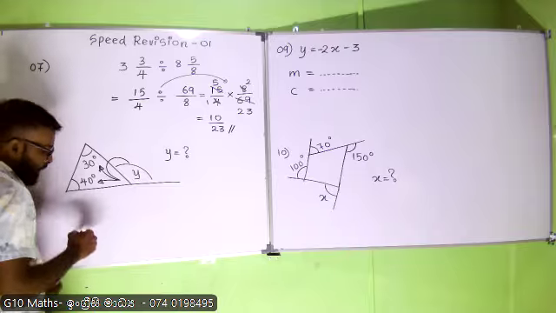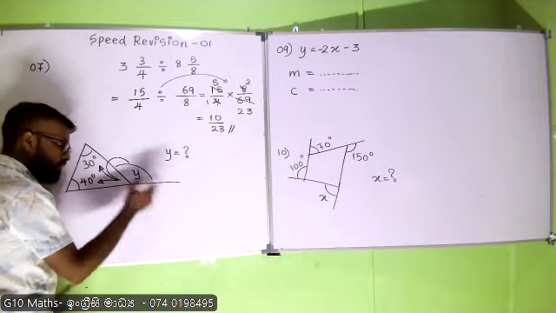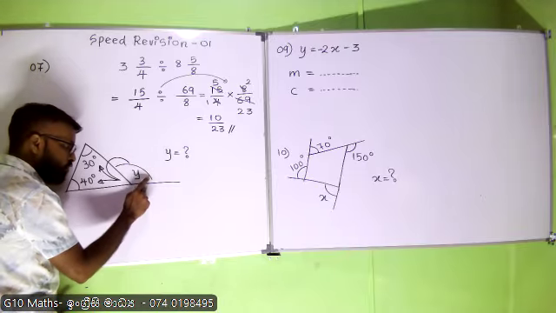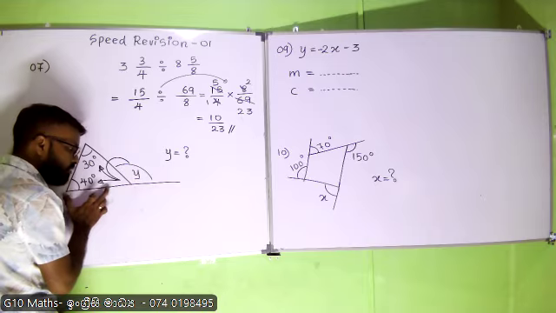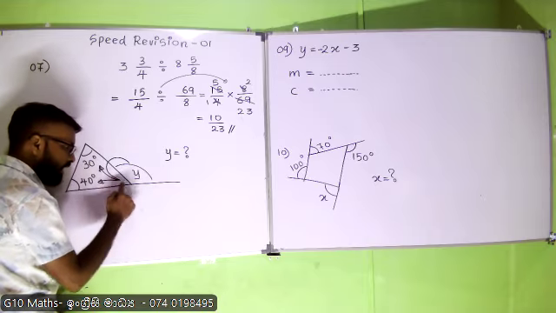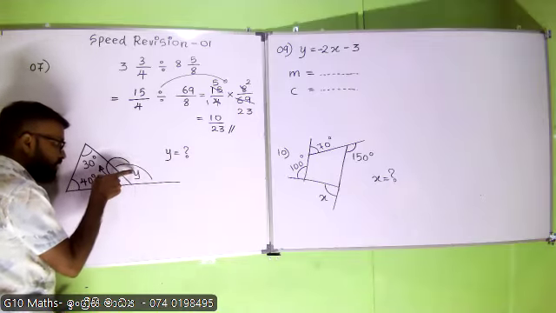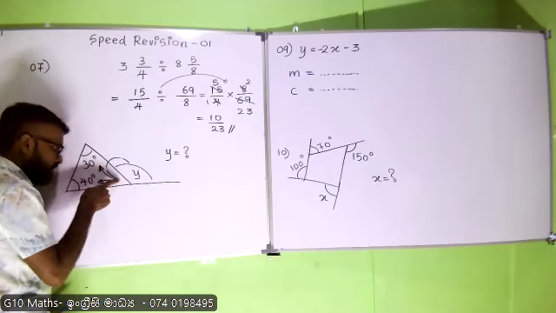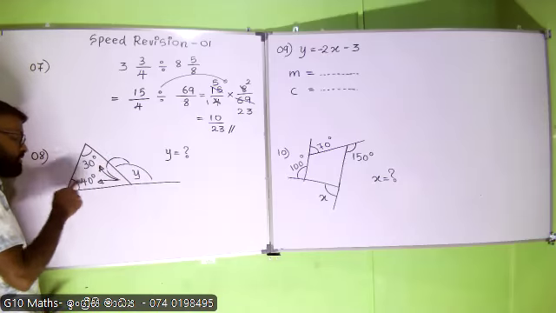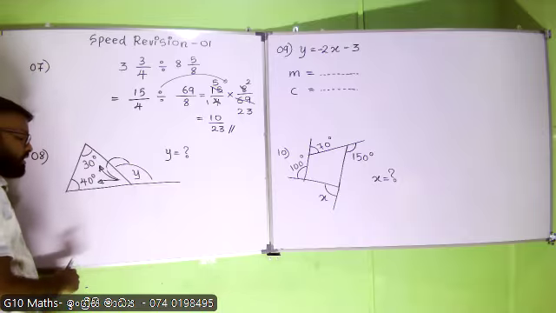I'll tell it again. The exterior angle so formed by producing one of the sides of the triangle is equal to the summation of the two opposite interior angles.